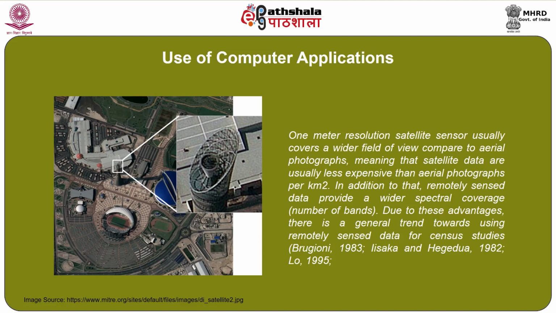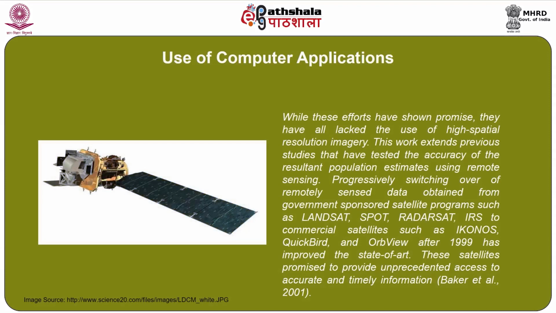Due to these advances, there is a general trend toward using remotely sensed data for census studies. While these efforts have shown promise, they have all lacked the use of high spatial resolution imagery. This work extends previous studies that have tested the accuracy of the resulting population estimates using remote sensing.